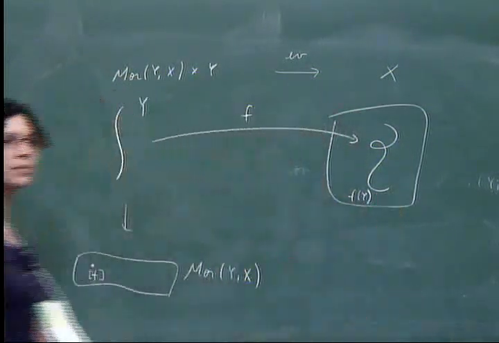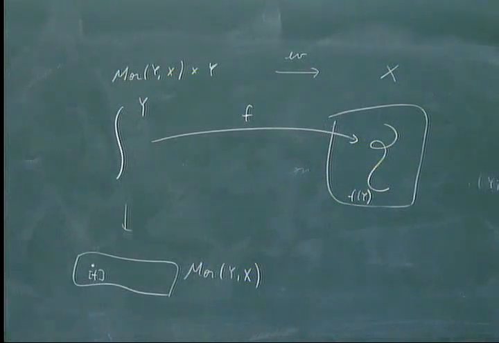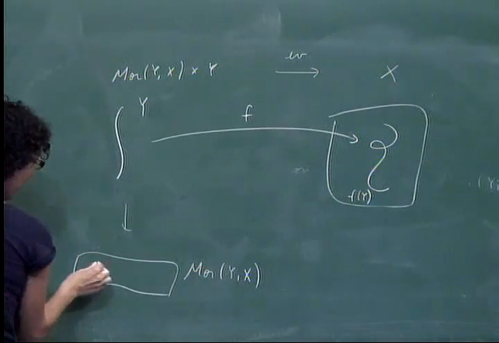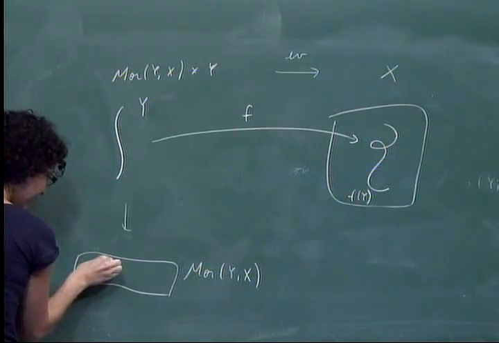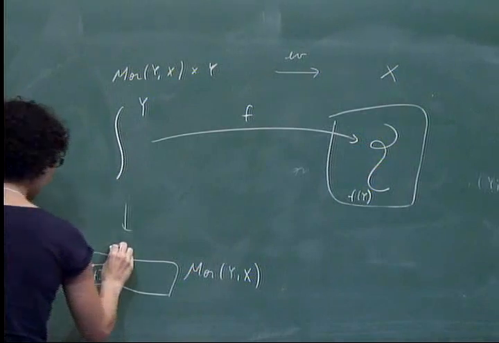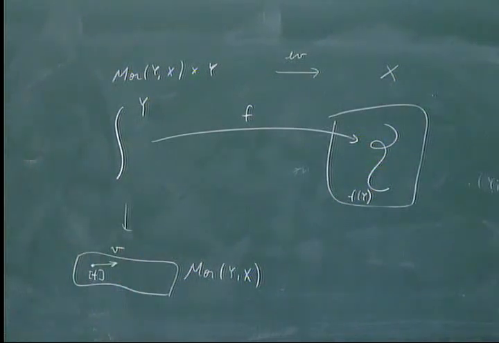So I have the image here of Y in X. So what does it mean to have an element of this tangent space? What would intuitively be a tangent vector to this space? Well, you can think of it as follows.